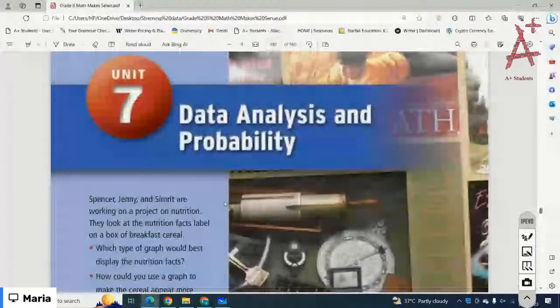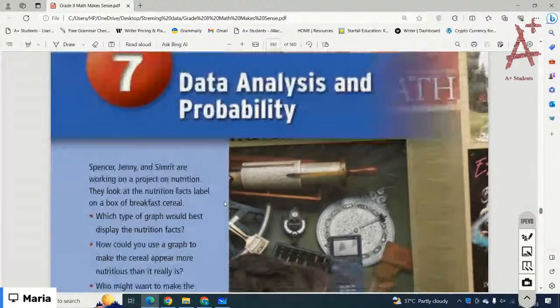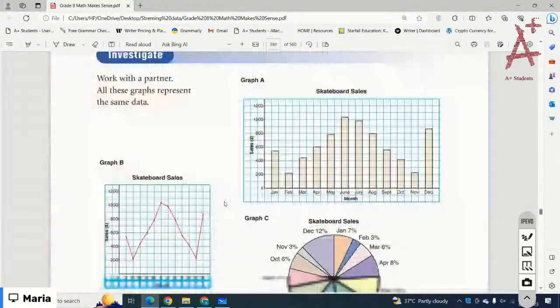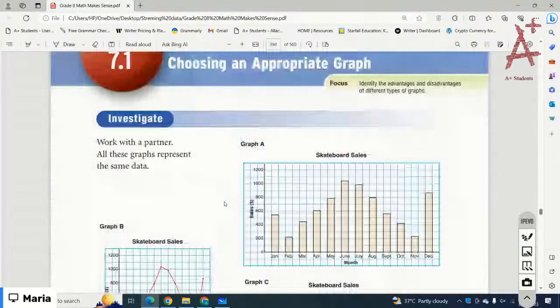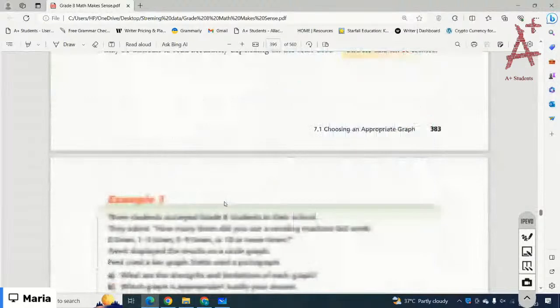Okay, here we are. We're going to start the new chapter that is data analysis and probability. Choosing an appropriate graph we have done in the last lesson.